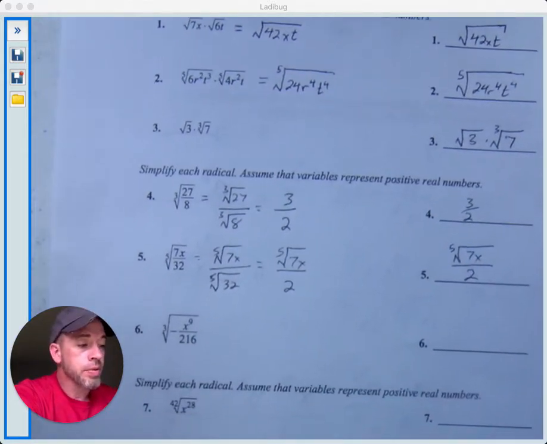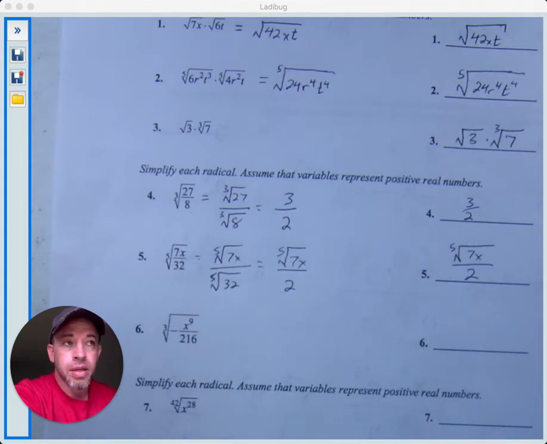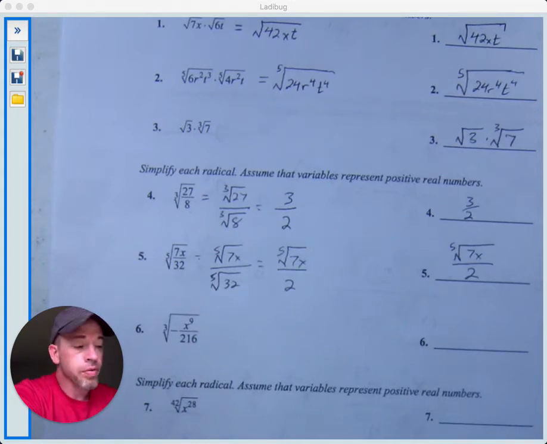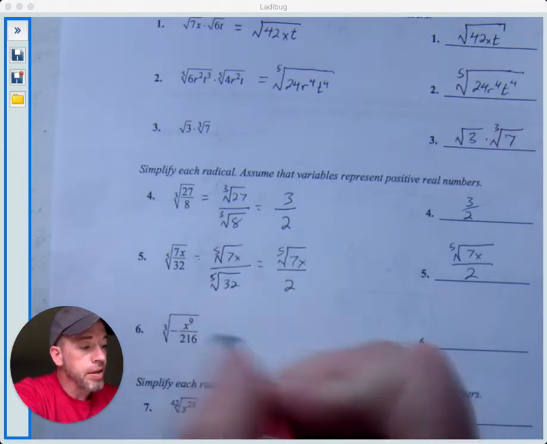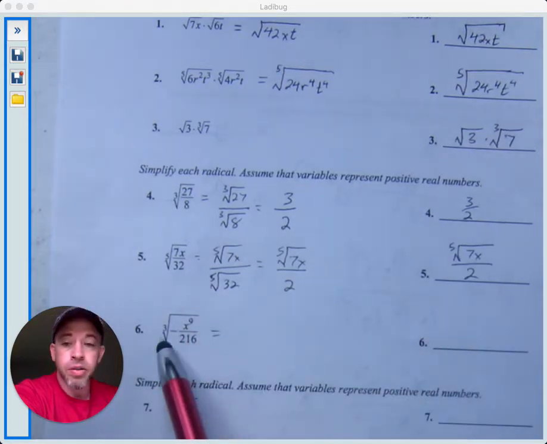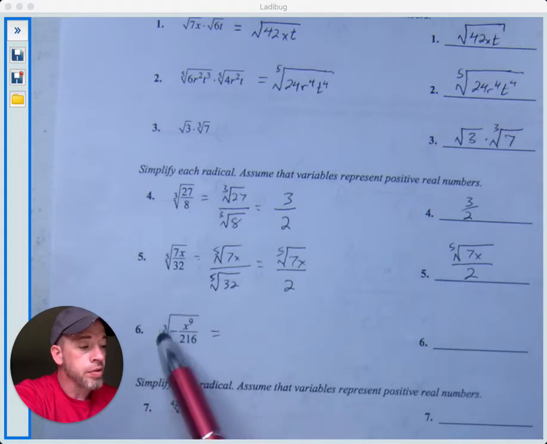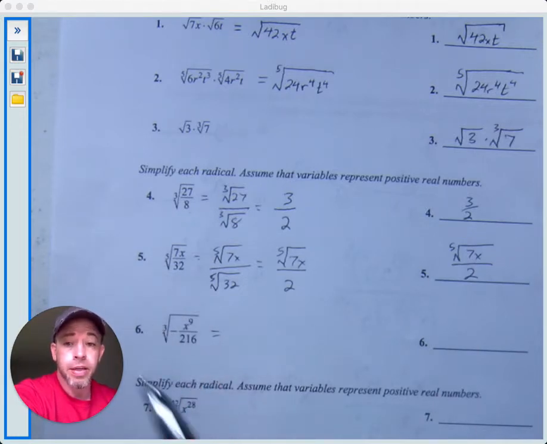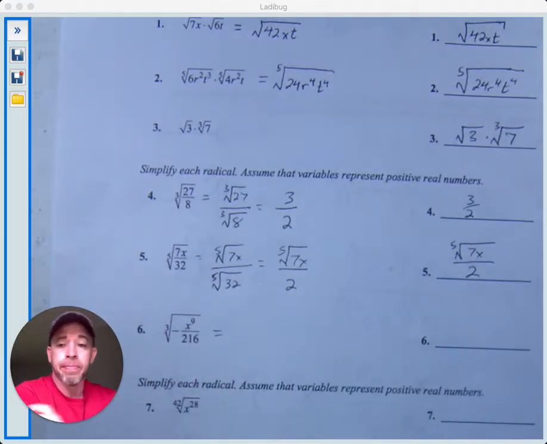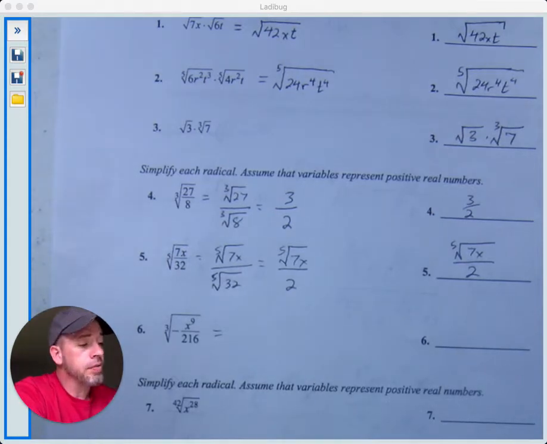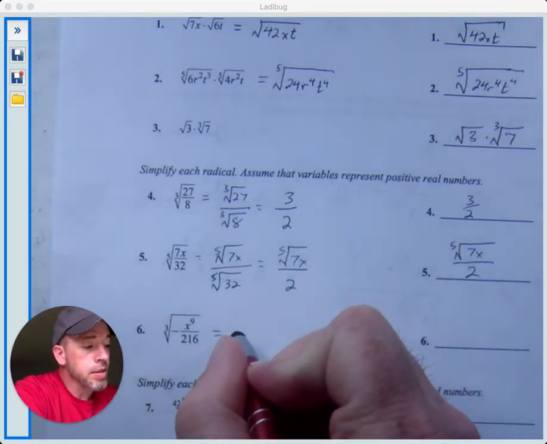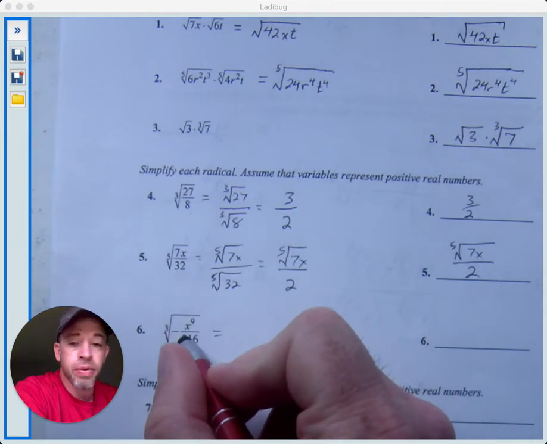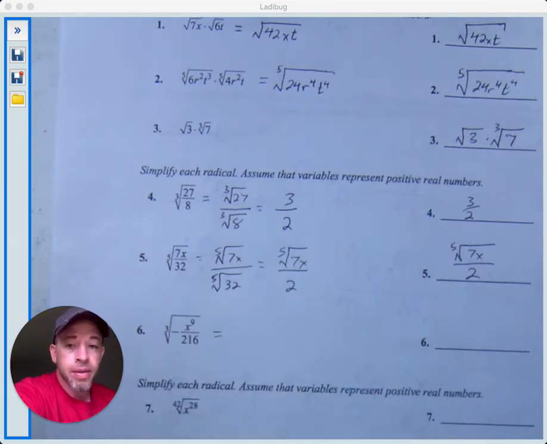And let's look at this last one here, the cube root of x to the 9th over 216. Let's see. And it's a negative, right? You can take the cube root of a negative. In fact, any odd root you can take of a negative. Even roots you cannot take of a negative, but we can take the cube root of a negative. So in the negative, you could apply either to the top or the bottom, whichever one you prefer.